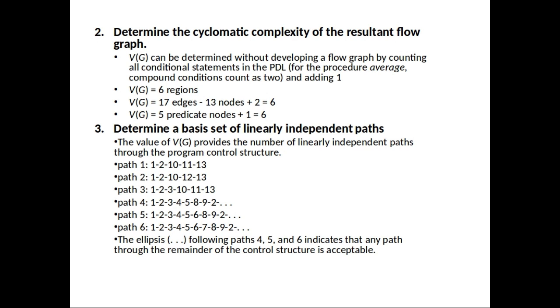V of G can be determined without developing a flow graph by counting all conditional statements in the PDL and adding 1. Thus V of G is equal to 6 regions, or with this flow graph, by counting the regions, or the edges and nodes, or the predicate nodes, we can compute cyclomatic complexity as 6.